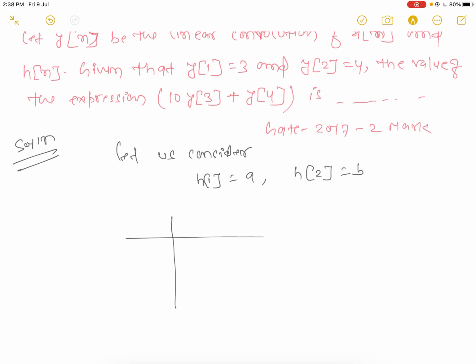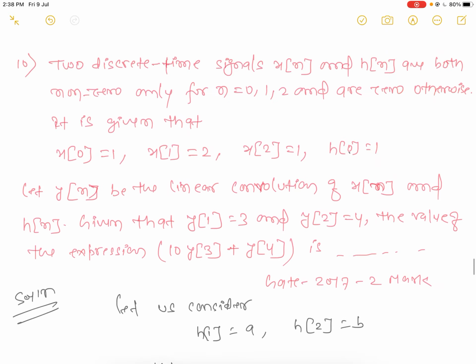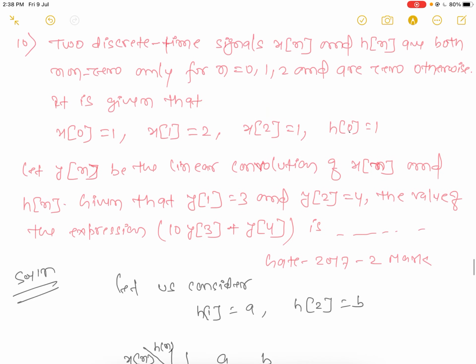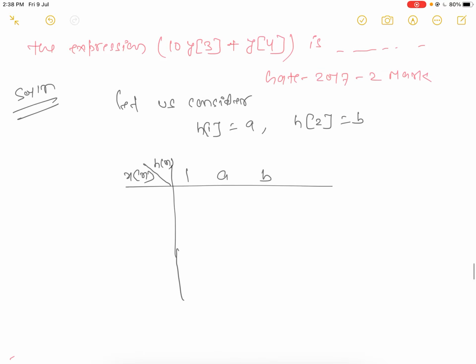First arrange the tabular form. On this side x[n], on this side h[n]. It starts from 1, a, b. Now this one 1, 2, 1. Now multiply it. Here 1, a, b; this will be 2, 2a, 2b; this one 1, a and b.